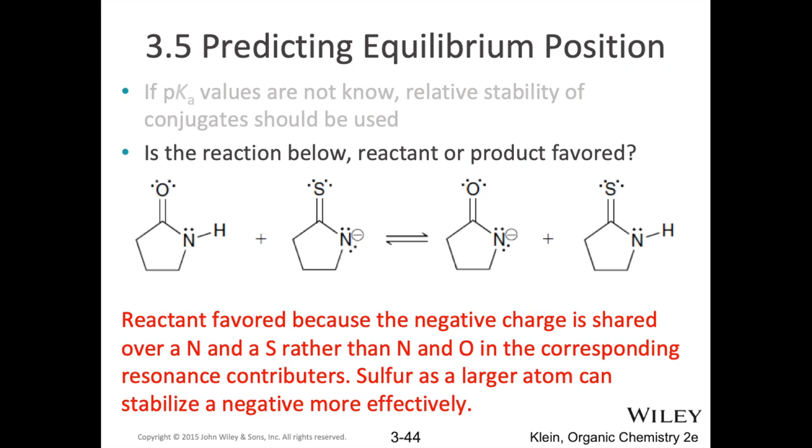But when in doubt, draw that resonance structure out, or just look at your conjugate base and ask yourself, is this going to be more stable? Is my negative charge going to be more stable on this base or this conjugate base? For either of my bases or either of my anions, which one's stabilizing that negative charge better? Okay, and in this case, this one's more stable, so it makes sense that your equilibrium is going to favor this side.